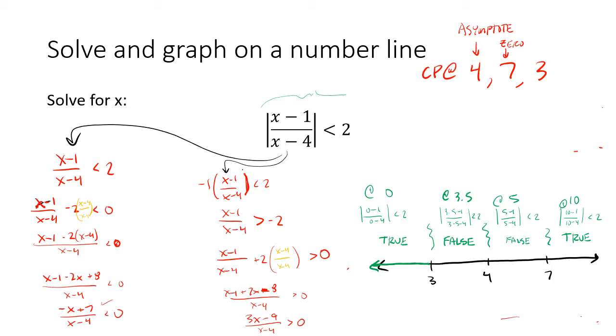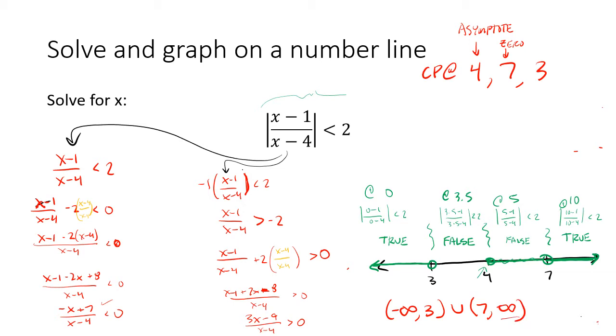And 7 and greater was true too. And we have open circles everywhere. I notice I have this open circle here at 4, but it didn't end up mattering, right? That was our asymptote. It didn't end up mattering in the end. So our answer is going to be, in interval notation, from negative infinity to 3, union 7 to infinity.